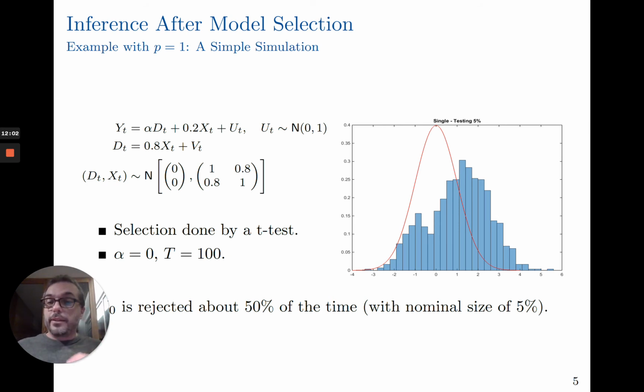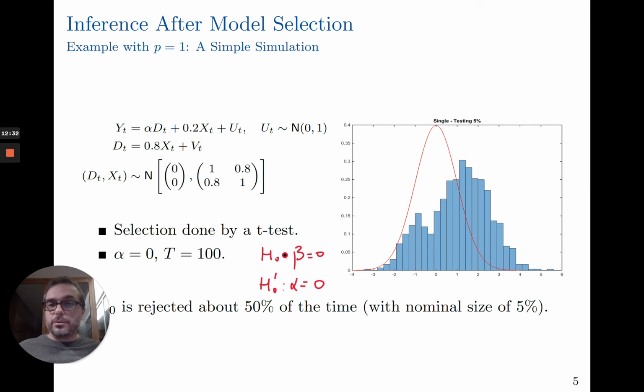And then we are going to test the null hypothesis beta equals 0. If we do not reject the null hypothesis, then we remove x from the equation and we run the short regression. And then we are going to conduct the second test, whether alpha is equal to 0 or not.